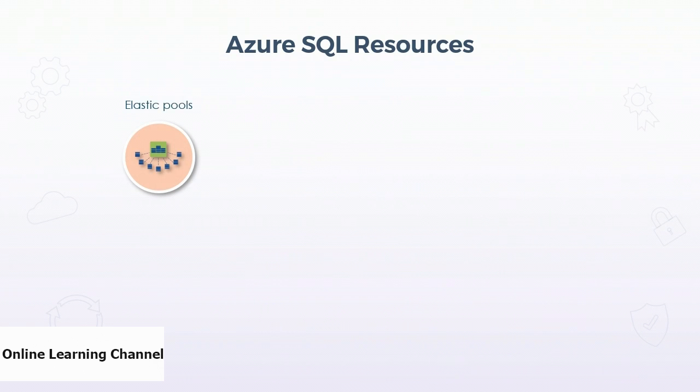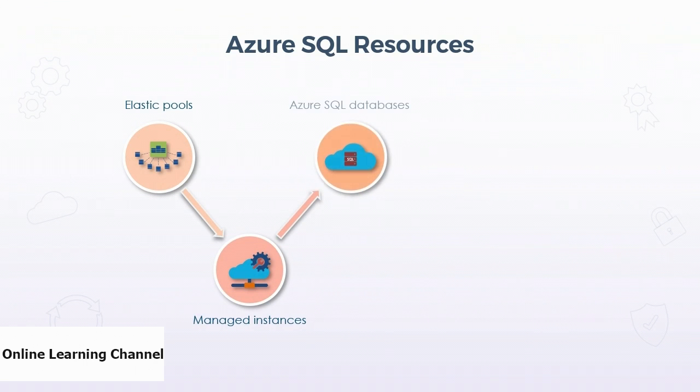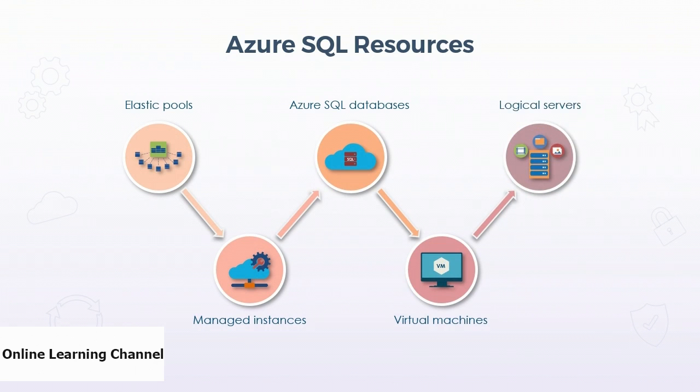You'll be able to see Elastic Pools, Managed SQL Instances, Azure SQL Databases, SQL Virtual Machines, and logical SQL servers that correspond to your SQL databases. In this view, you can add new resources, delete resources, or configure the resources that you have.